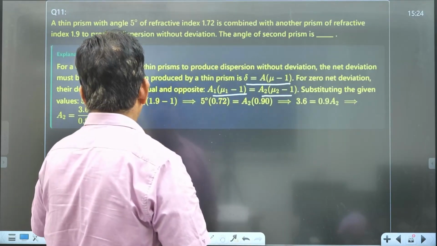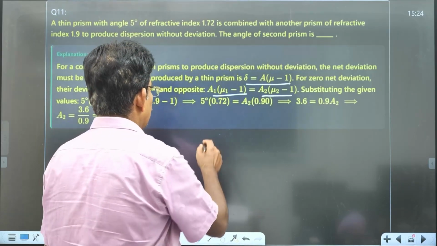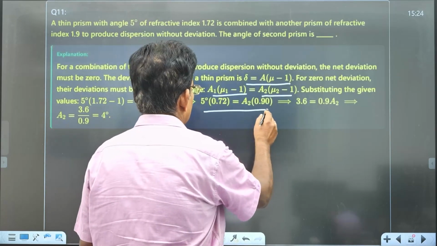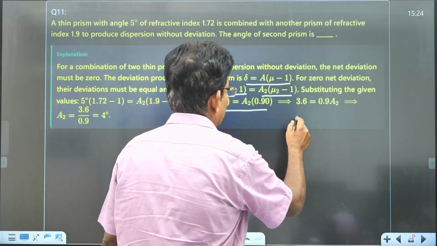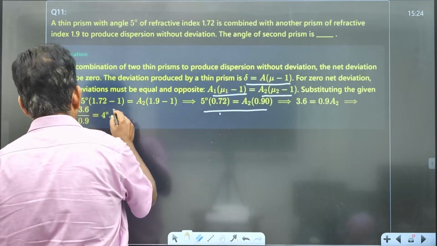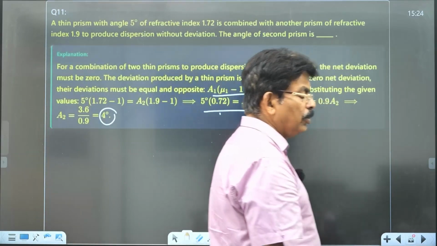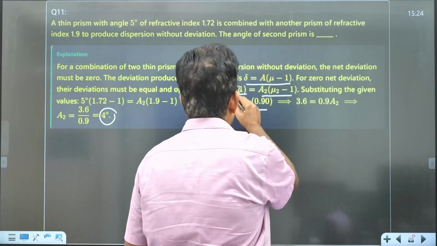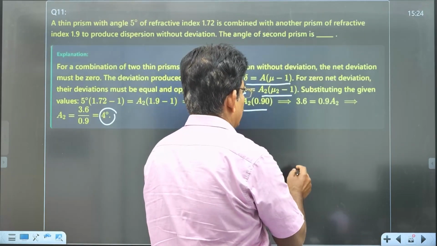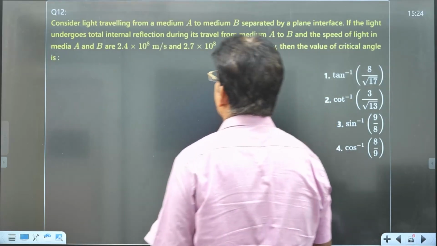Here A1, mu1, mu2 are given, A2 you have to calculate. Using these values, we are getting A2 is equal to 4 degree. Very simple, direct substitution. Deviation due to prism number 1 is equal to deviation due to prism number 2, without deviation. So we equated the deviations. We go to the next question.